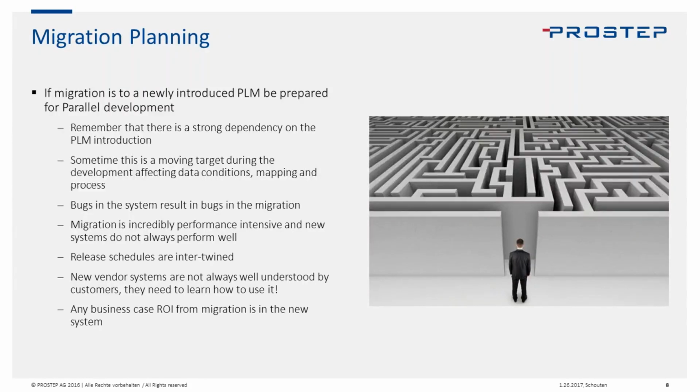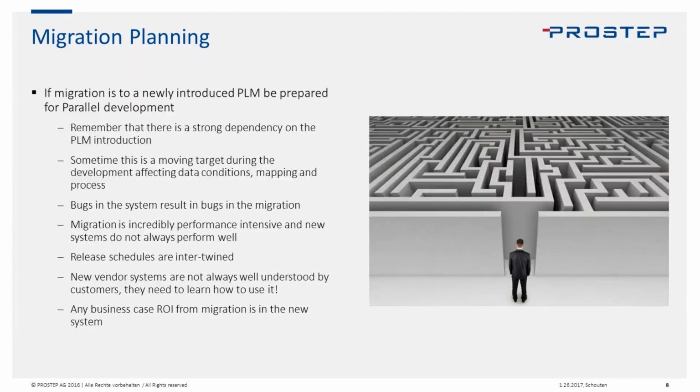You're going to have maybe a new configuration in your new PLM. You change attributes, you change structure, you introduce new concepts. You might change how projects are managed, or how changes are managed, or something of that nature.